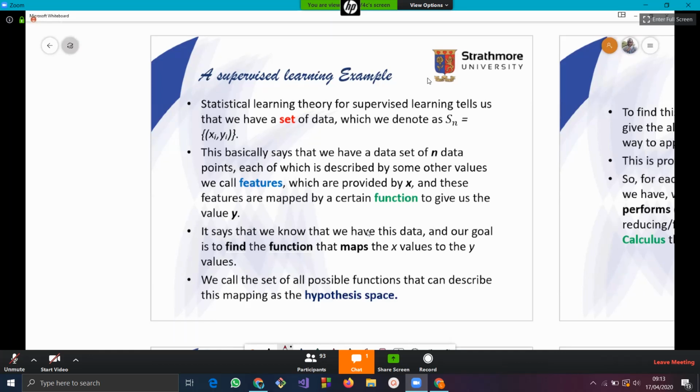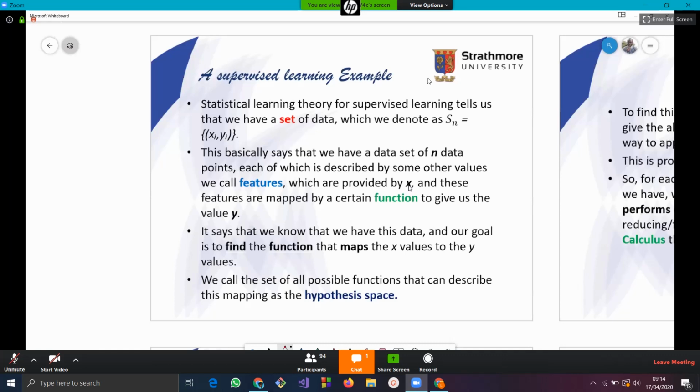So statistical learning theory for supervised learning tells us this. What is data? It is a set containing some x's and some y's. It is a set of n data points. Then the attributes of the data are called the features. I hope you remember features.